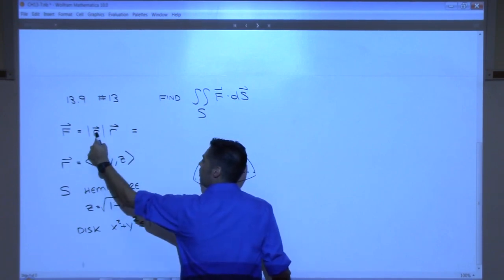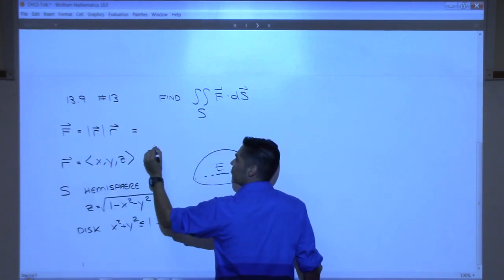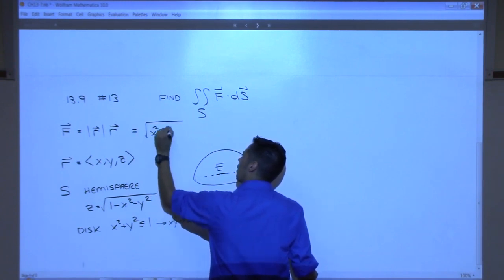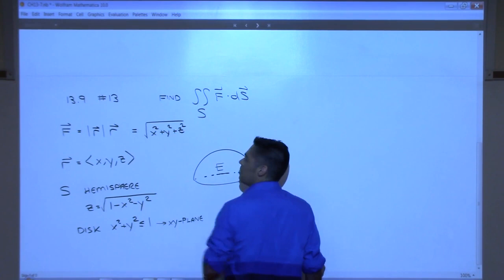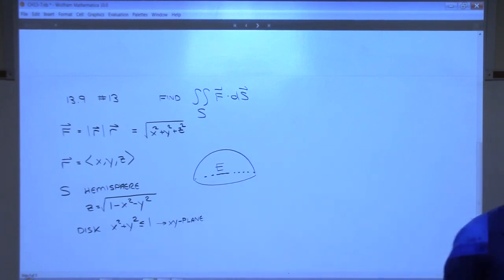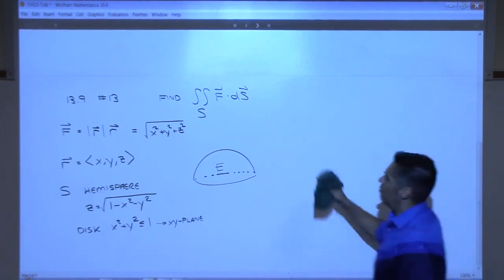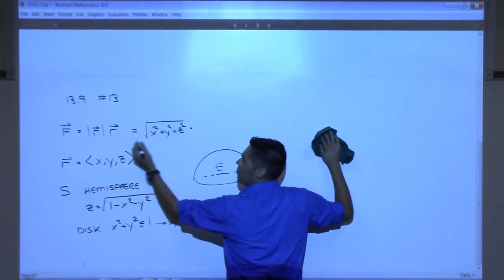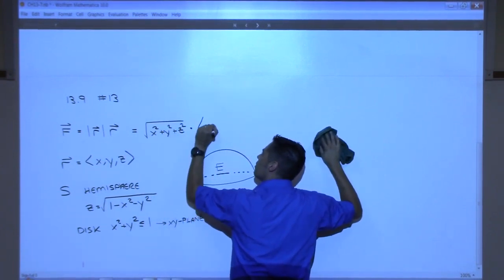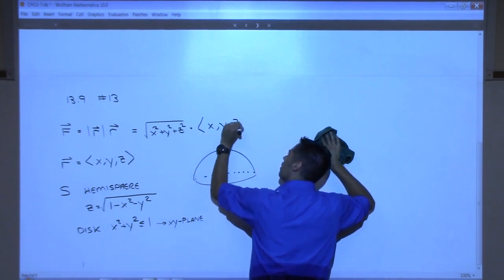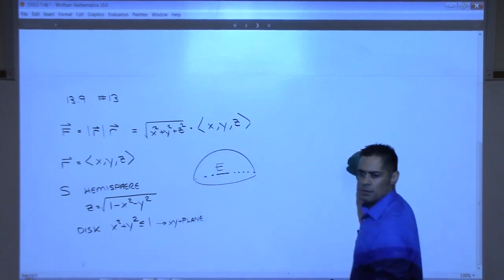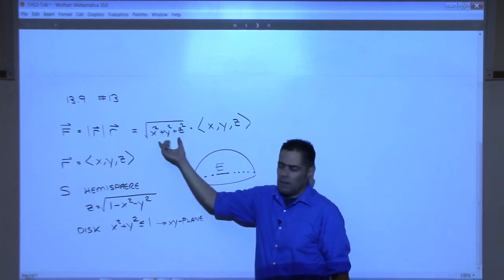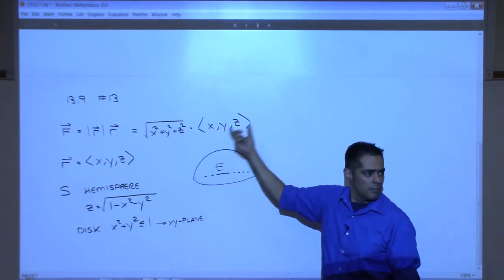What is the magnitude of R by definition? Square root of x squared plus y squared plus z squared. That is just a number, isn't it? Okay. And then we have times the vector r, which is x, y, z, right? That's what that means. And since this is just a number or a scalar, I distribute it through to each component.